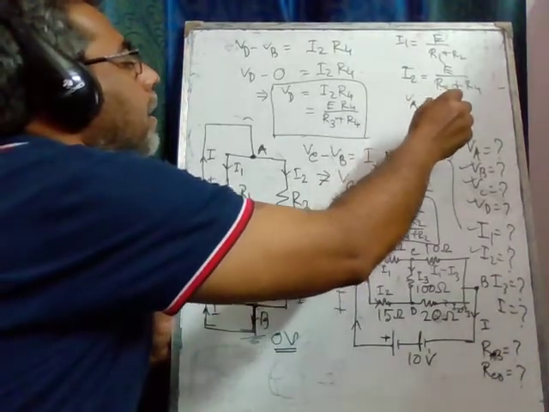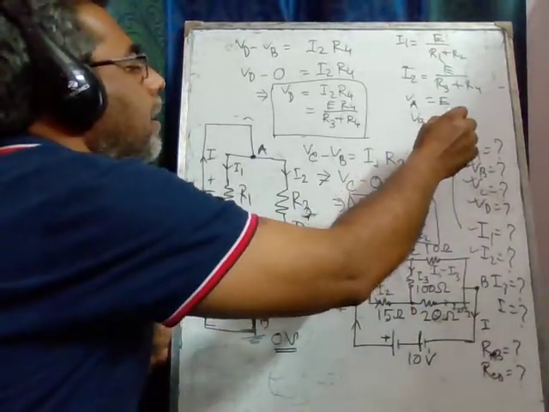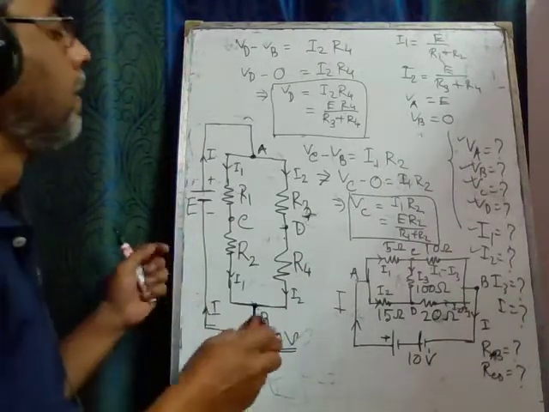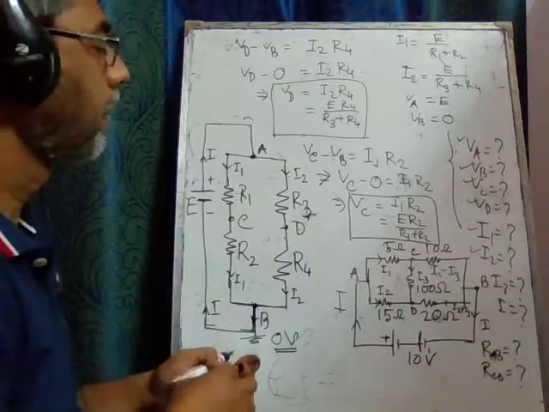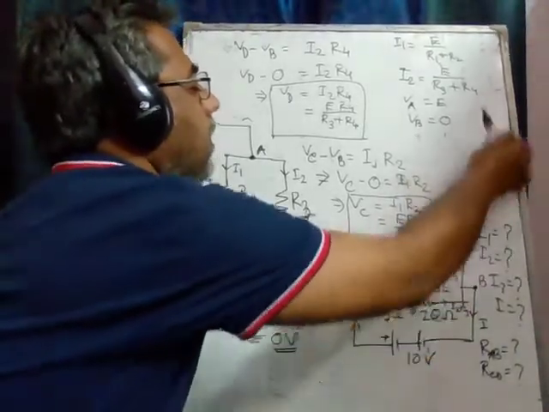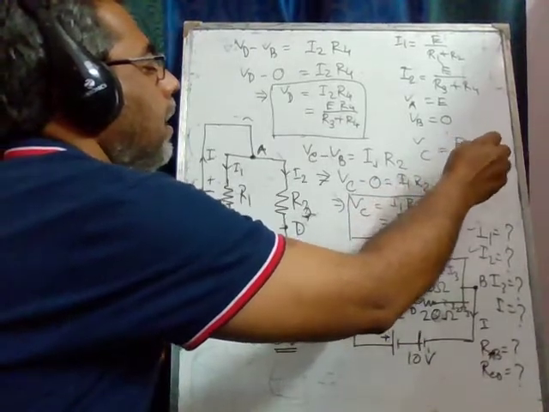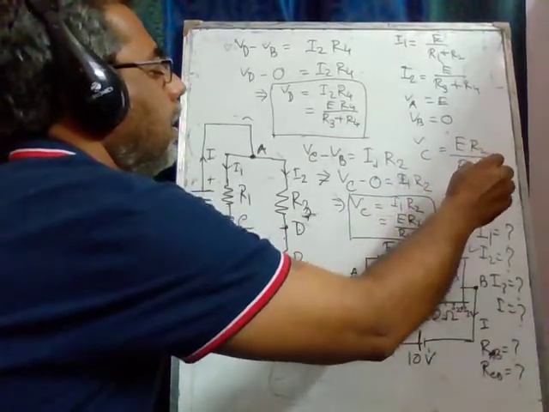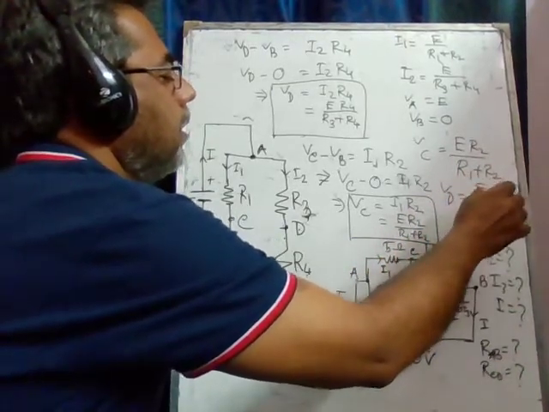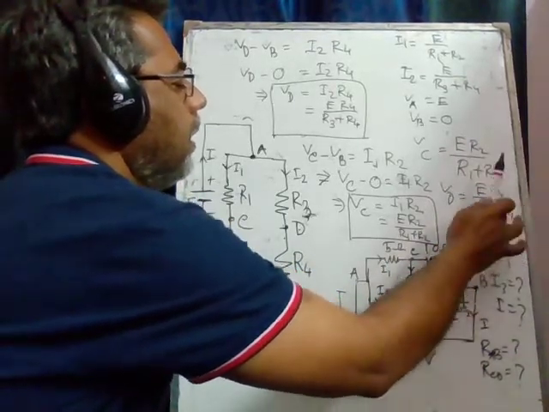VA equals E, VB equals 0, VC equals E R2 over R1 plus R2, VD equals E R4 over R3 plus R4.